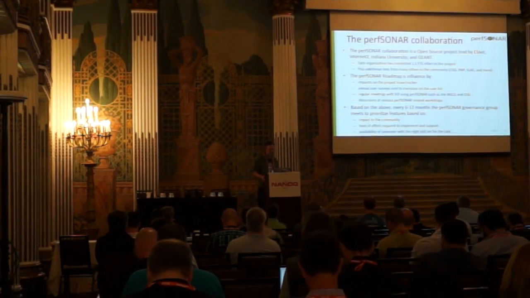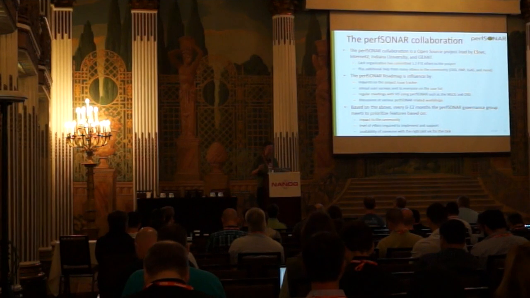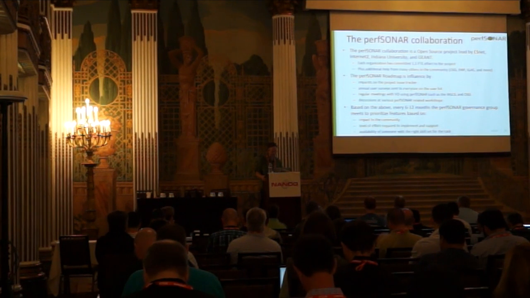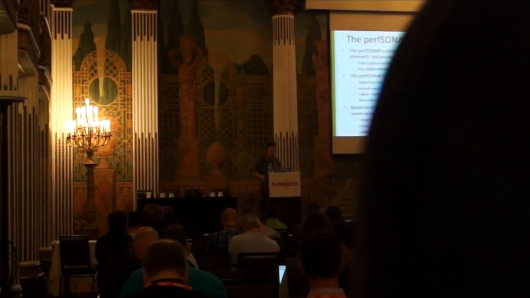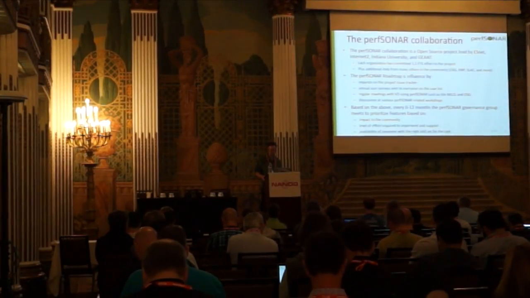Each of these organizations has committed to at least 1.5 FTEs of effort into the project, at least 1 FTE of developer and at least half an FTE for people to go out and do things like I'm doing, giving talks and tutorials. And then we have a lot of help from other people who submit patches, who submit code, mostly within the R&E community, but it'd be great if we could get more of the folks in this room to help contribute to the open source effort as well.